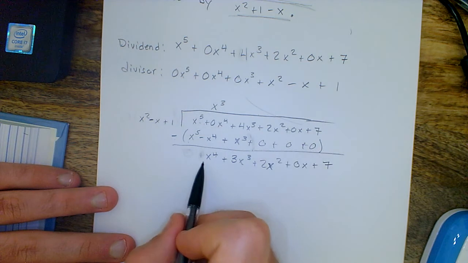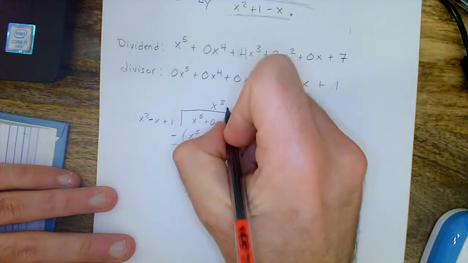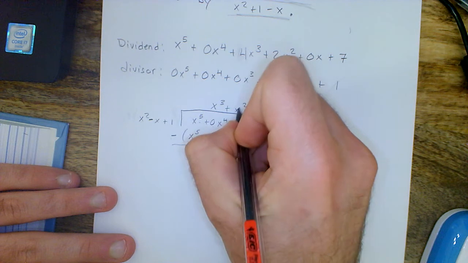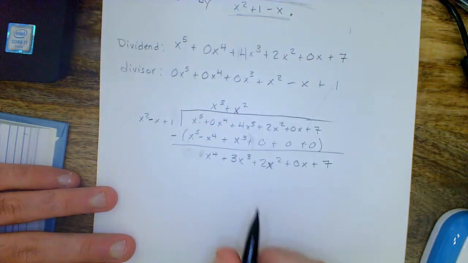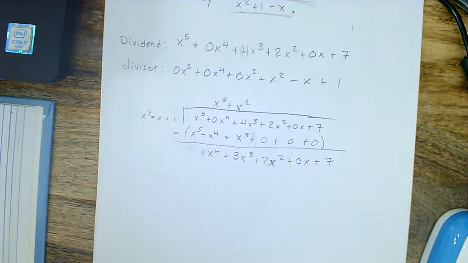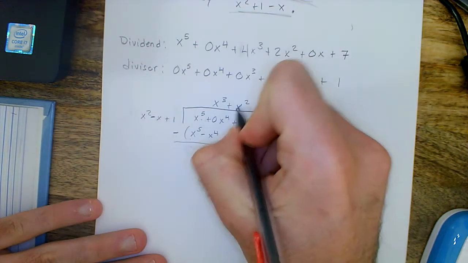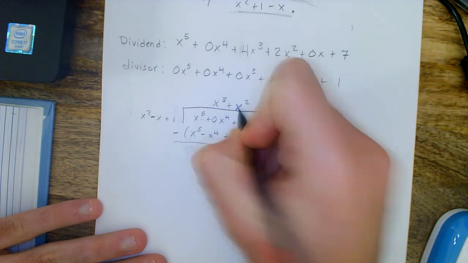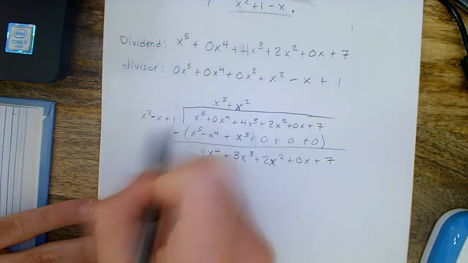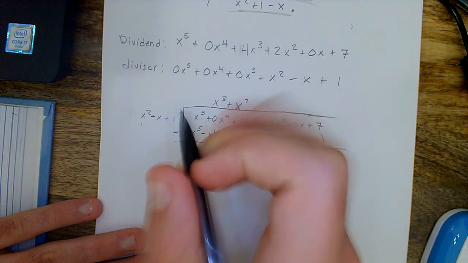So if I again do the same process, what can I multiply x squared by to get x to the fourth? Well, it's x squared. Okay, sorry about that. So if we multiply our polynomial by x squared, the leading term would be x to the fourth.